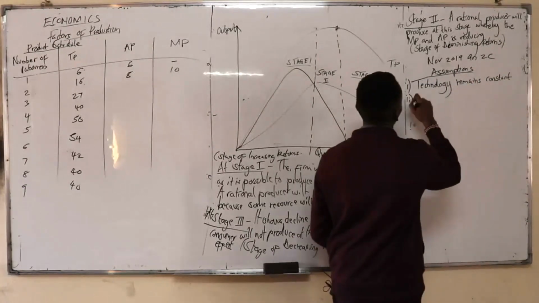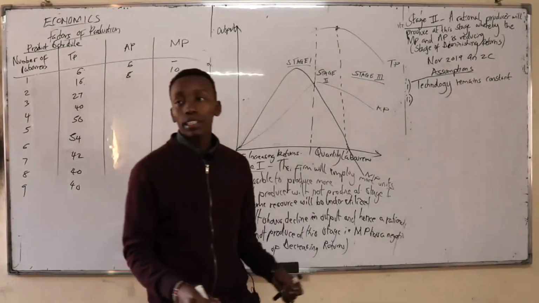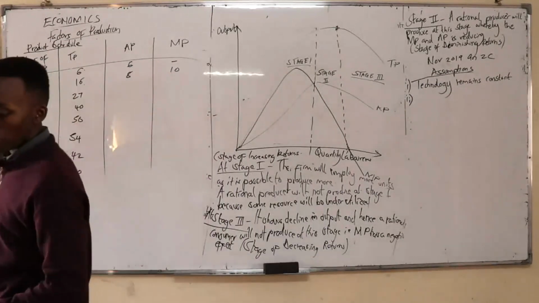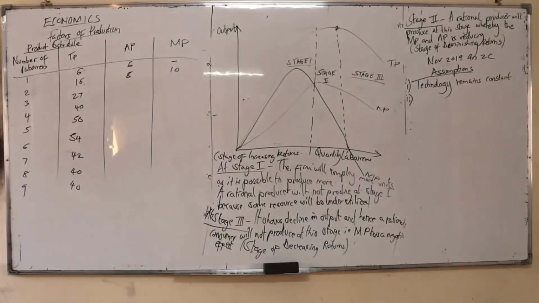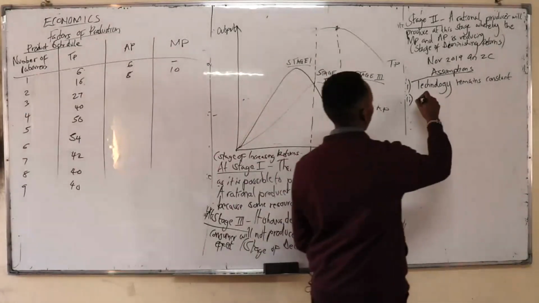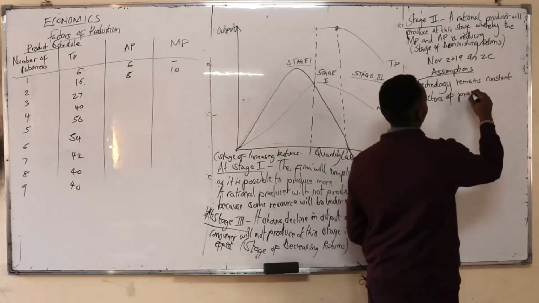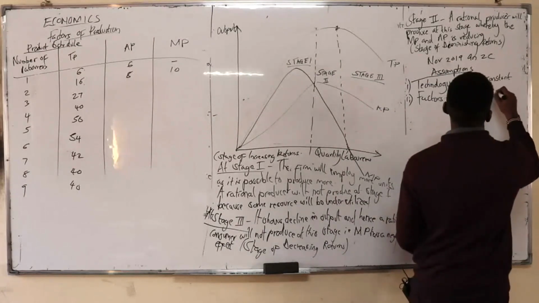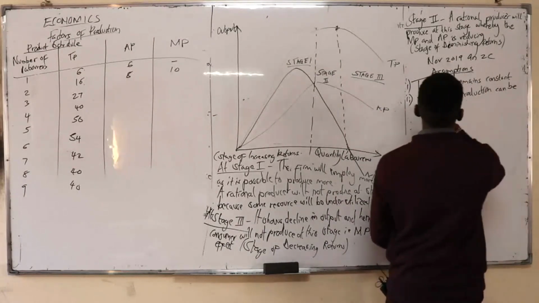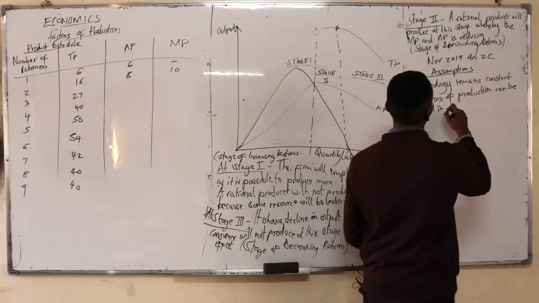And then secondly, the factors of production can be used according to different proportions. Factors of production can be used in different proportions.